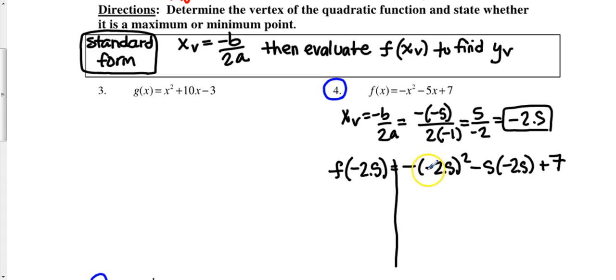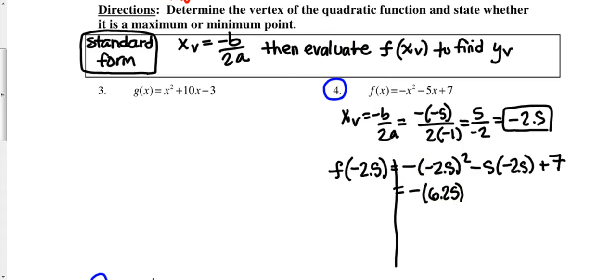I know that a negative squared is positive, so in my calculator I really just need to take care of 2.5 squared, which gets us 6.25. This negative is still up front.